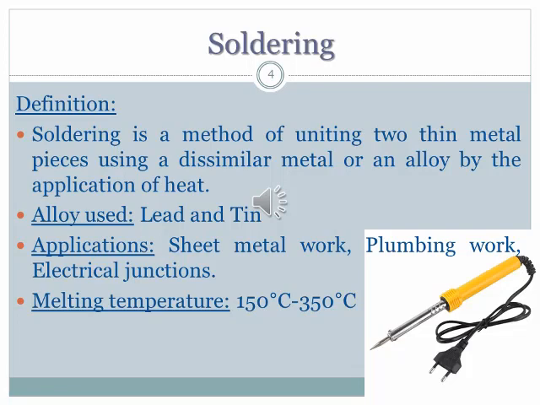It is used in sheet metal works, in plumbing works, in electrical junctions, in manufacturing of circuit boards, etc. Here the melting temperature is lesser, 150 degrees Celsius to 350 degrees Celsius, unlike welding. In welding we have high temperature, whereas in soldering the temperature is much lower.